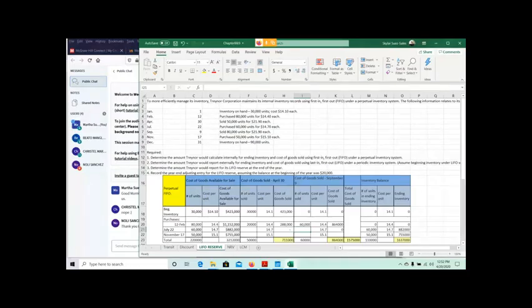So the other 20,000 has to come from the July 22nd purchase. That leaves us with 90,000 units in ending inventory, which comes from the latest purchases. We have an ending inventory of 1,343,000 and cost of goods sold of 1,869,000. Any questions about the FIFO calculation that I just did?